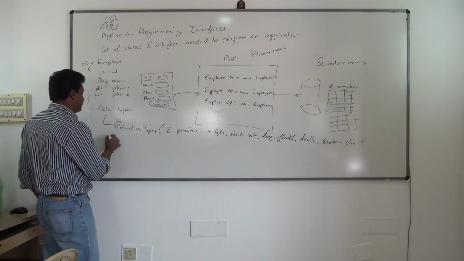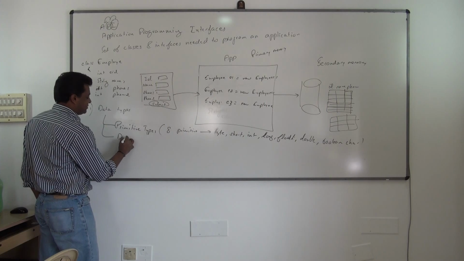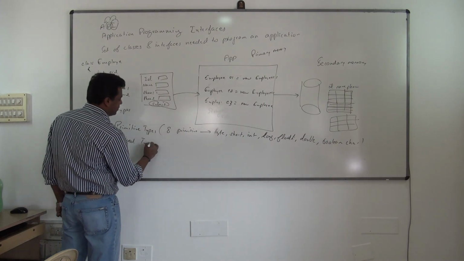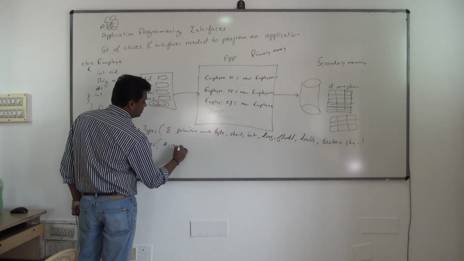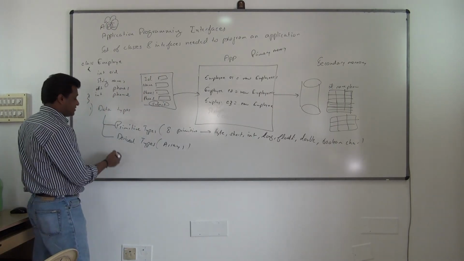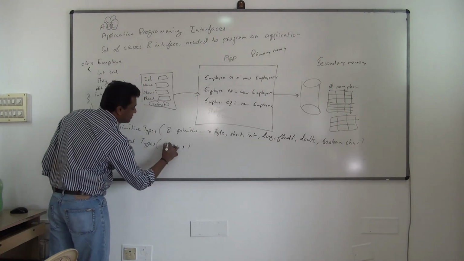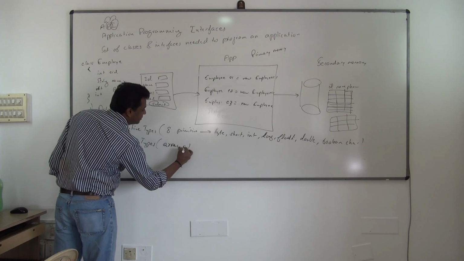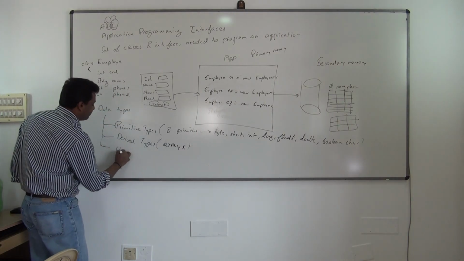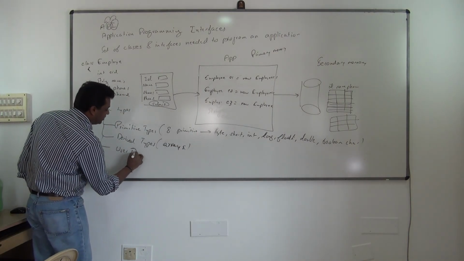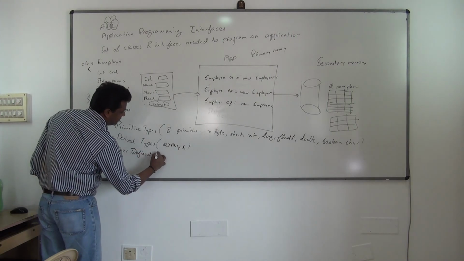Second support, derived types. It gives you arrays, but only one support, remember. You got arrays. Third support, user-defined data type. It is very powerful.